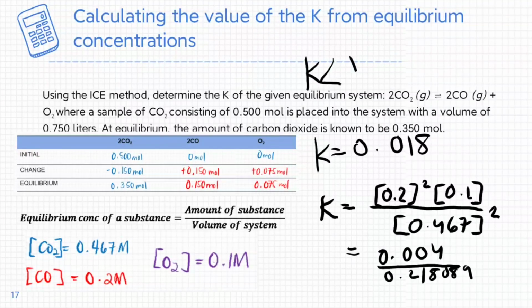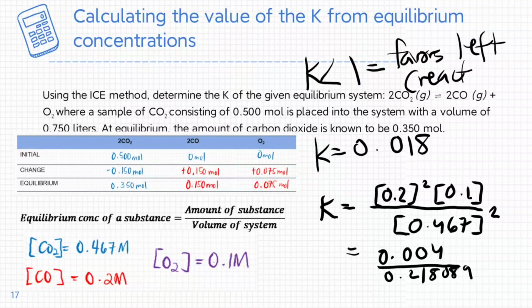So basically, equilibrium constant is less than 1. So basically, it favors the left side or your reactants. Okay? So, ganyan kahaba yung ICE method to compute your equilibrium constant. Okay?